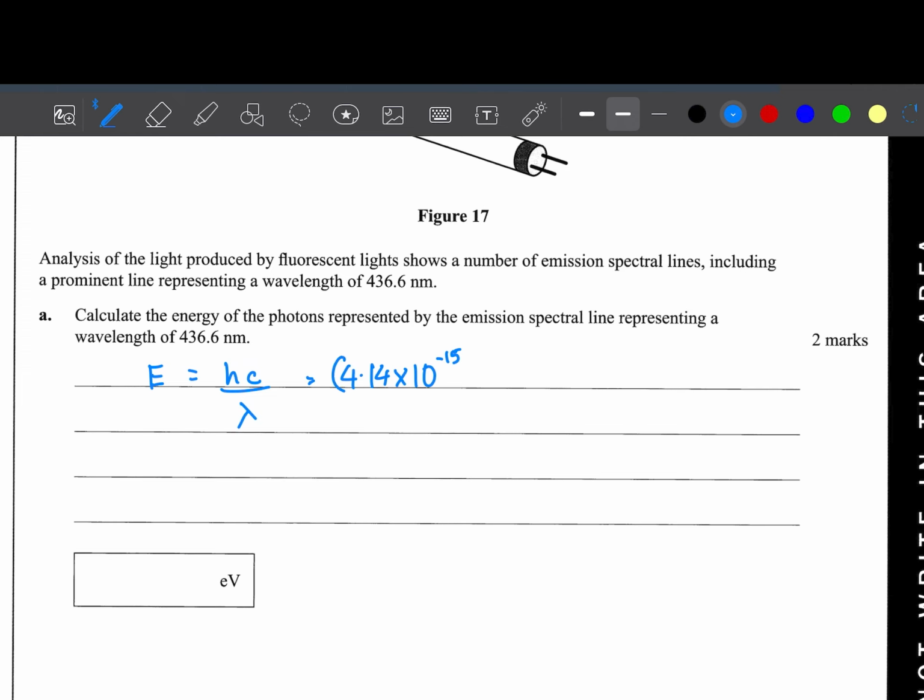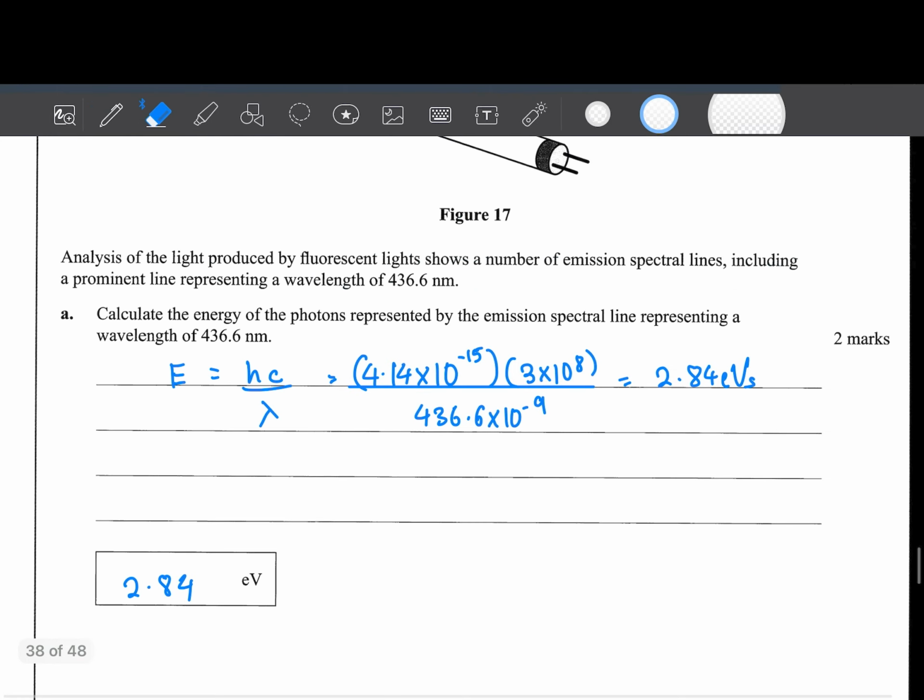And times 3 times 10 to the power of 8, the speed of light, which doesn't change, over the wavelength, 436.6 times 10 to the negative 9. So that gives us 2.84 eV.